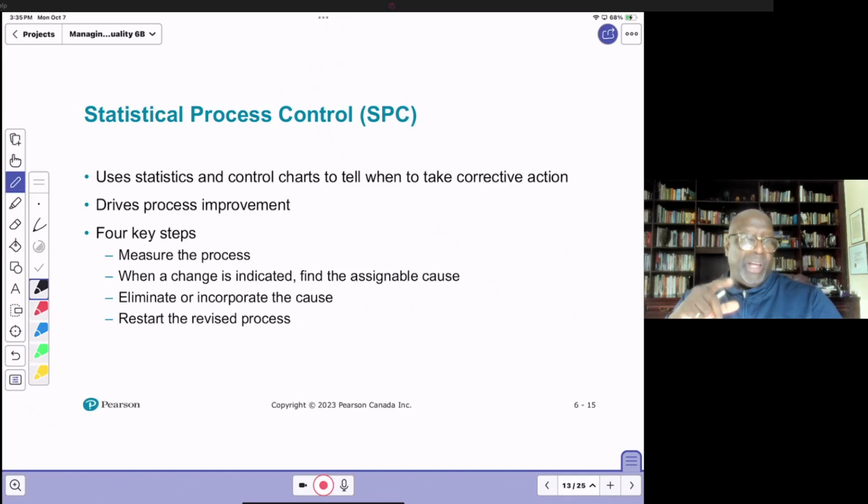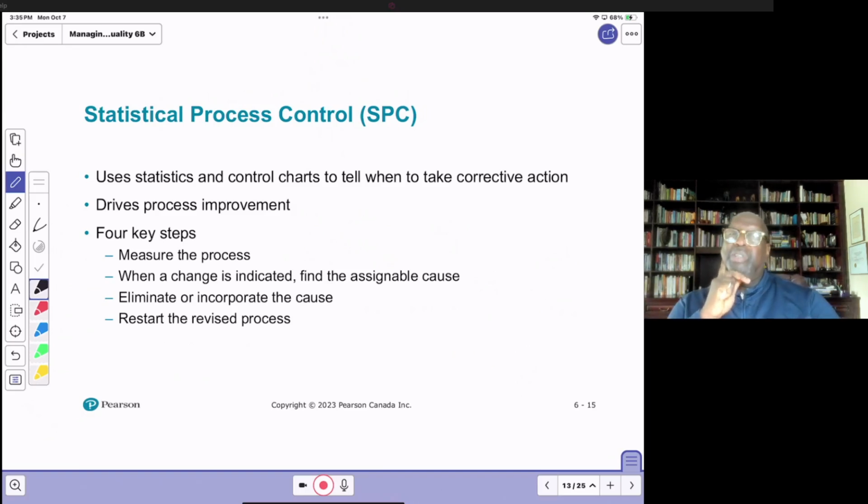So monitoring a variable is one thing, like the average size of a cylinder, or the average amount of time taken to process a loan application. Or we could be looking at things like the range of time, the variability in terms of the processing times.